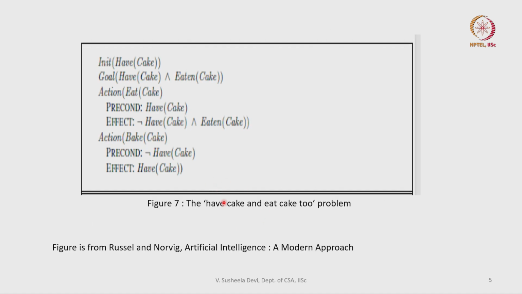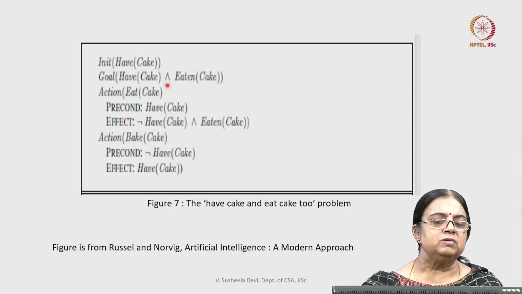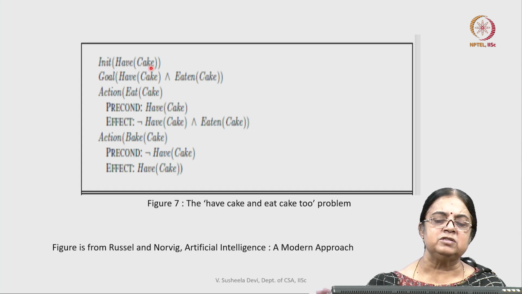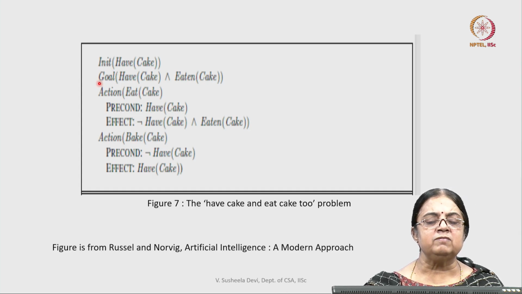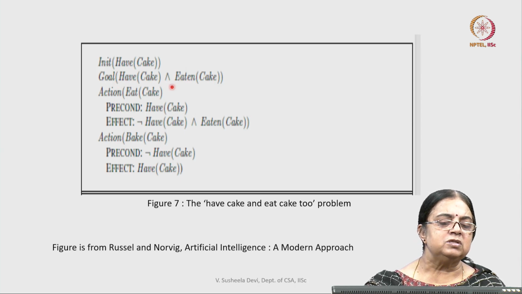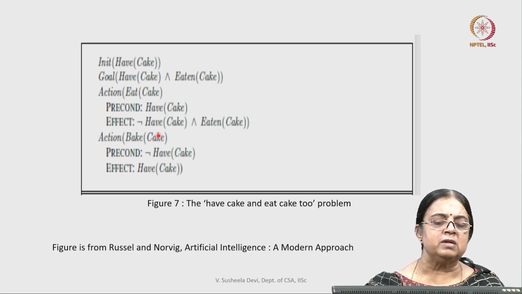So here we have a problem which is known as the have cake and eat cake 2 problem. Okay. So the initial state is that you have a cake. Okay, so that is the initial state, and the goal that we have is that we need to have cake and eaten cake, right? So this should be your goal state, and these are the actions that are possible. There are two actions. One is eat cake, right?